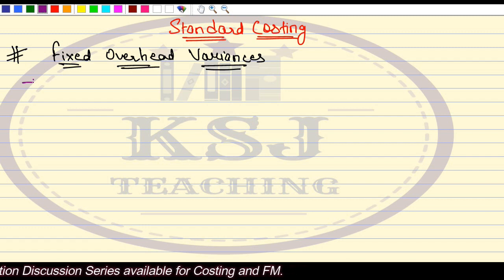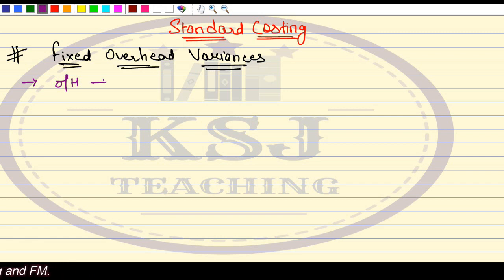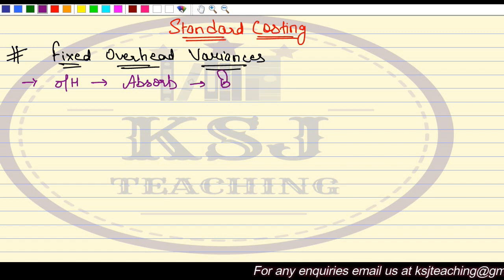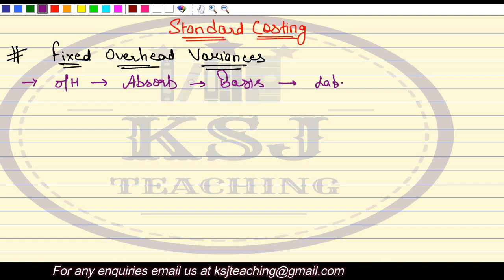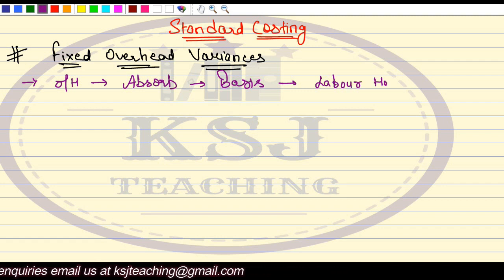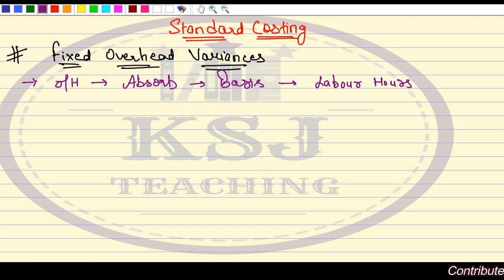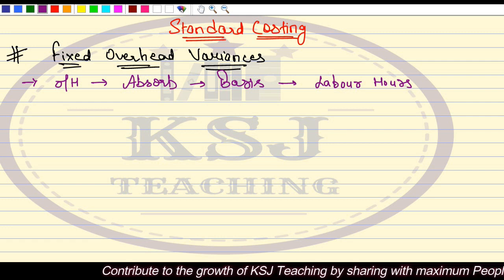So as we discussed in the last lecture, when we talk about the overheads, we absorb them on some basis. Normally the basis will be labor hours. This is what we discussed: if we talk from the standard costing point of view, the overheads we have to absorb, we absorb on some basis, and the basis in most cases will be labor hours, right?